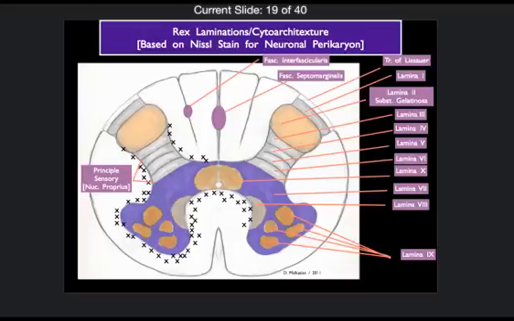The X's around here are fascicles of the propriospinal tract. The propriospinal tract only exists in the spinal cord. It's an intraspinal projection. It never goes into the brainstem and above.